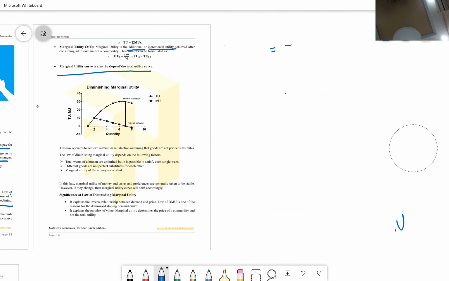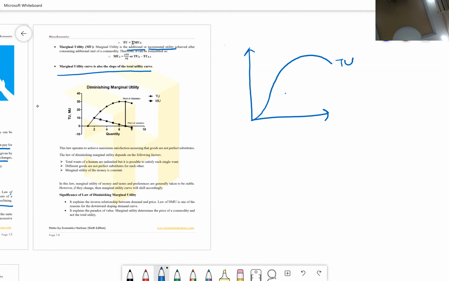So they say that the graphical position of your total utility and marginal utility curve goes a little like this. This states that till here it is convex, so marginal utility is rising till this point, right?